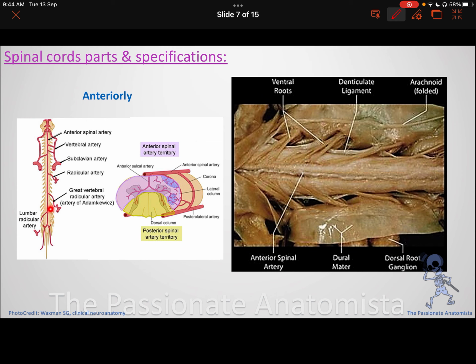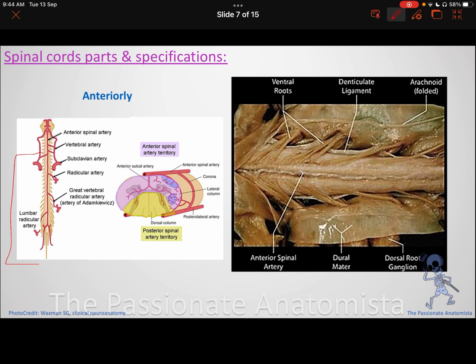Remember, I also explained to you guys the importance of the artery of Adamkiewicz. Here it comes, this information. This artery is very important, because if anything happens to this artery, we're going to have a problem with the anterior spinal artery, because if everything is helping throughout the length of the spinal cord, the lower two-thirds of the spinal cord is depending mostly on the great artery of Adamkiewicz, or the great radicular artery.